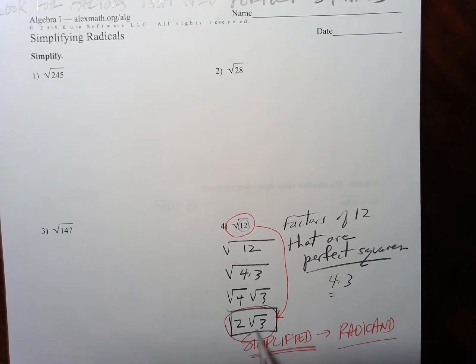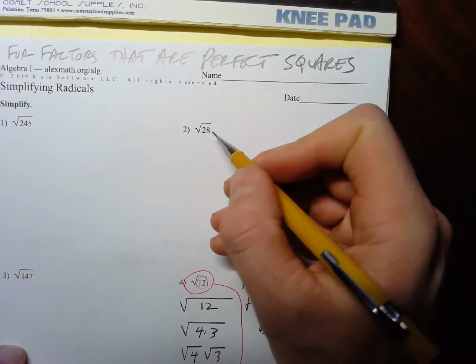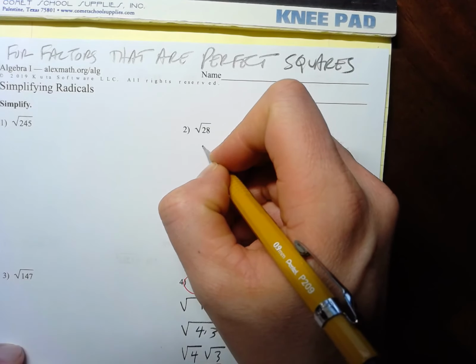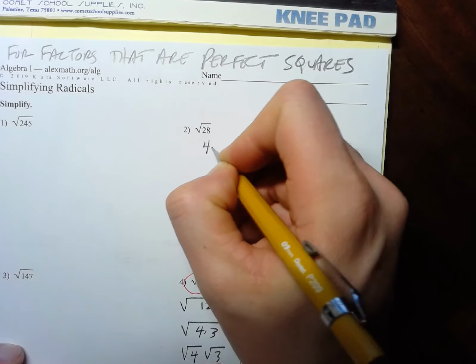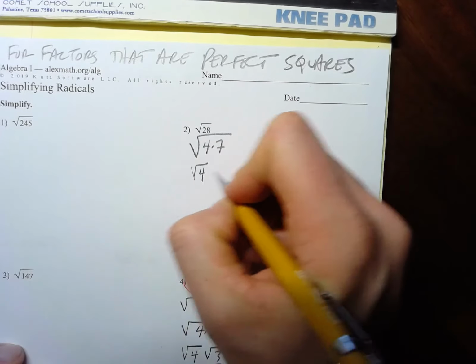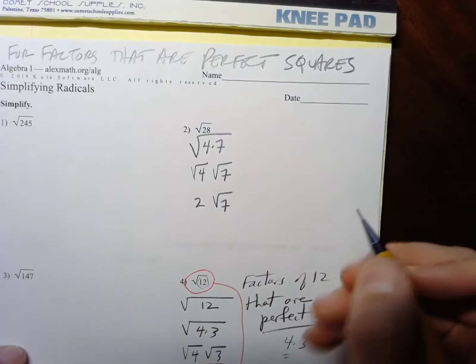And now we have that. 2 square root of 3. 3 is prime, so I can't divide it up any farther. I can do the same thing here with the square root of 28. I recognize that it is 4 times 7, right, under that radical, which means it's square root of 4 times square root of 7. That is 2, and I'm left with the square root of 7.